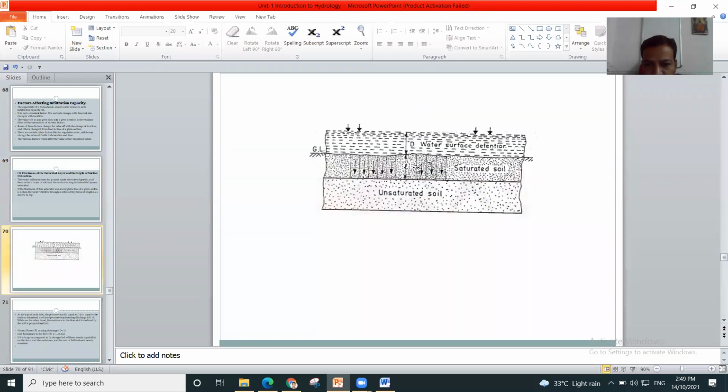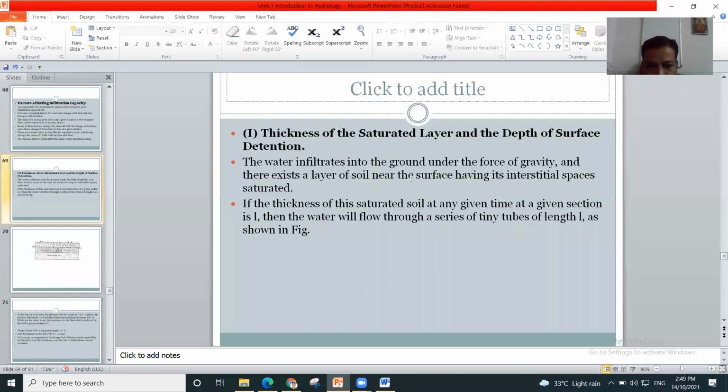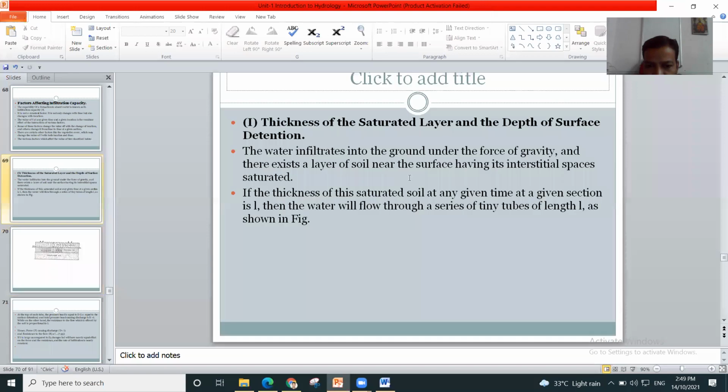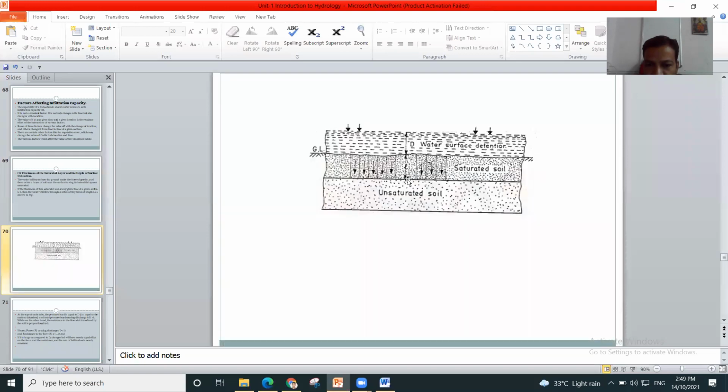This is a saturated soil having thickness L. See this? D is the water surface detention. After rainfall, the water level is shown here. It will infiltrate into this soil. This is saturated soil, this is unsaturated soil. L is the thickness of this saturated layer.